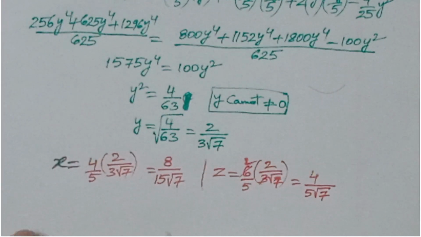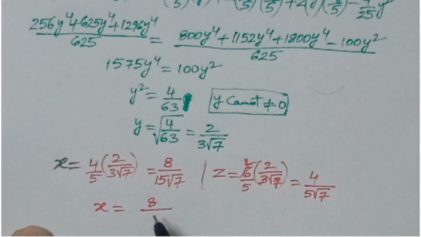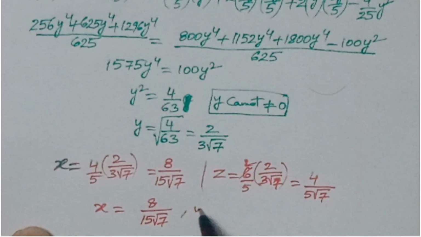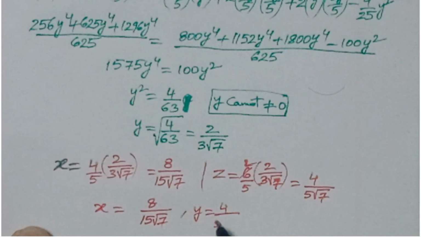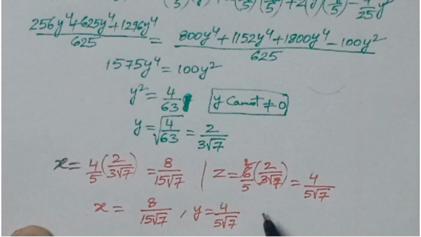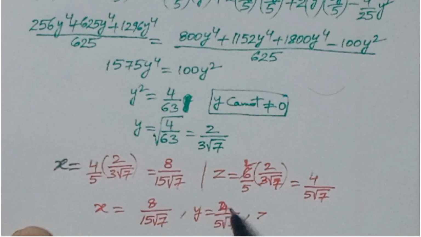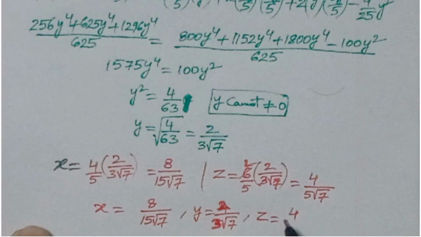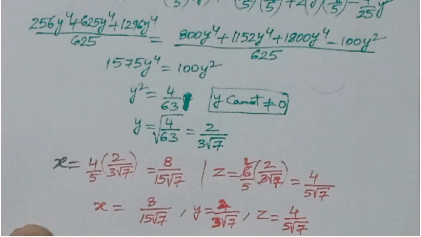So therefore x is equal to 8 by 15 root 7, y is equal to 2 by 3 root 7, z is equal to 4 by 5 root 7.